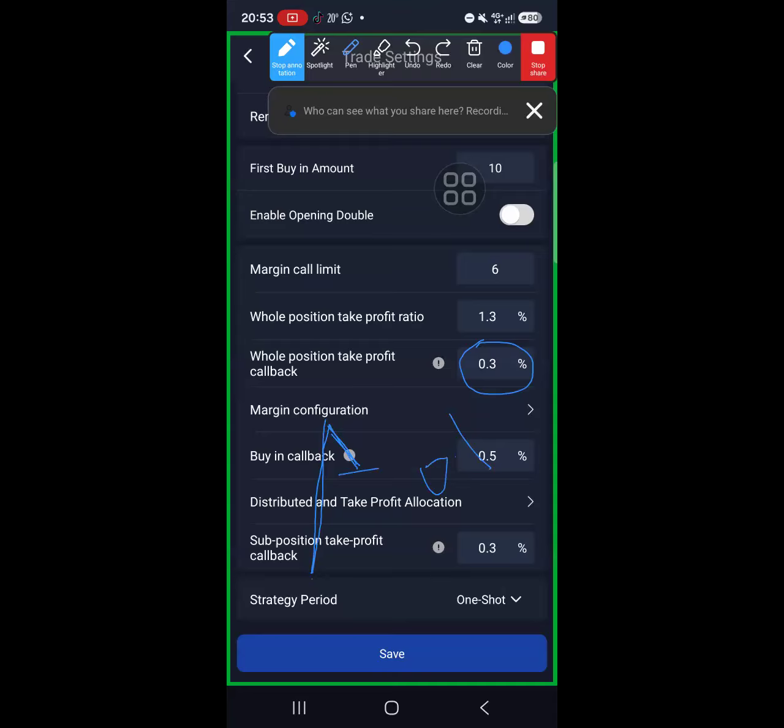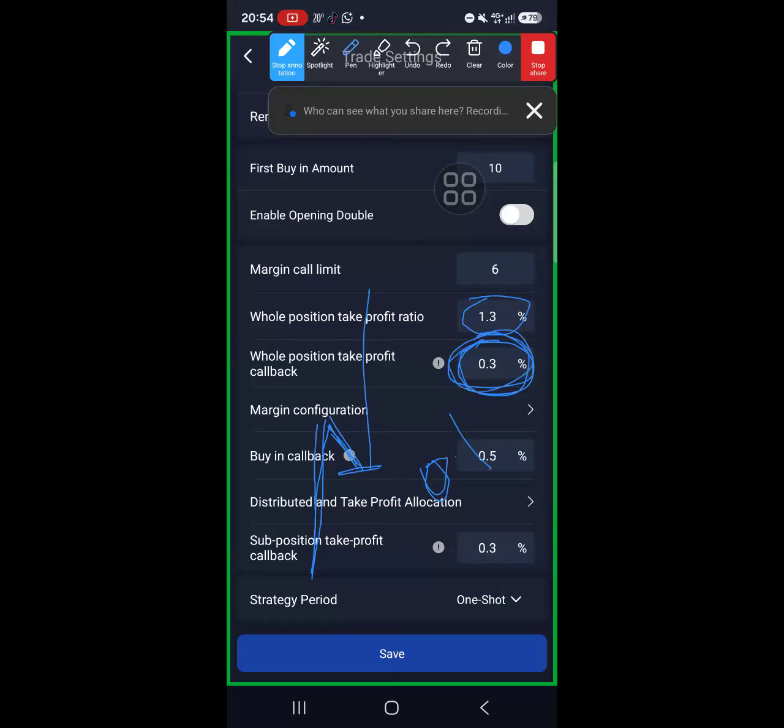If the price is going up and then it drops a little bit by 0.1, but your callback is 0.3, is your robot going to sell? If the take profit has been reached, is it going to sell? No, it is not going to sell because the callback here is 0.3. So it will continue to go up. It means you are getting more. Okay? You are getting more when you put this one here.